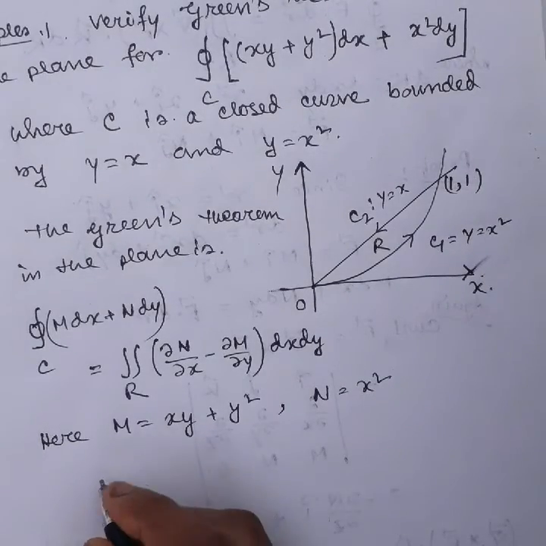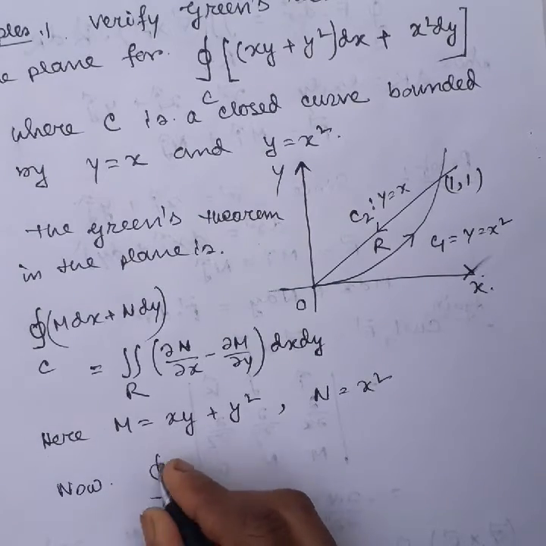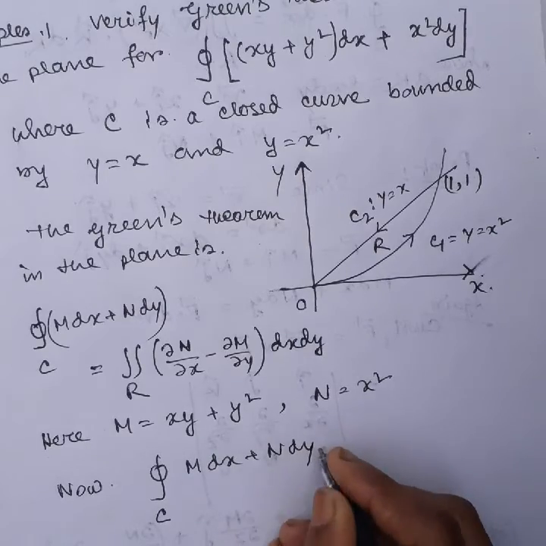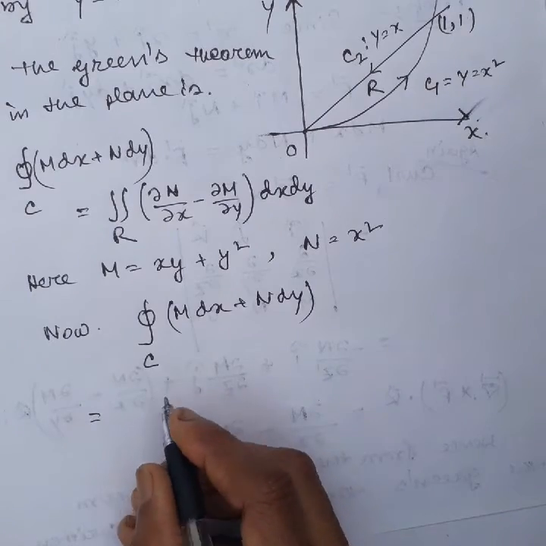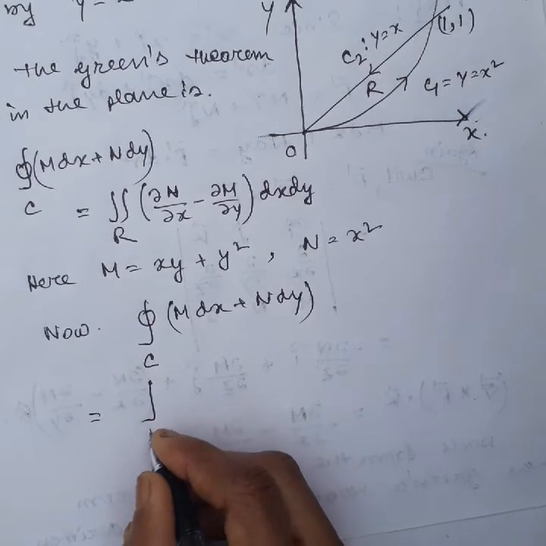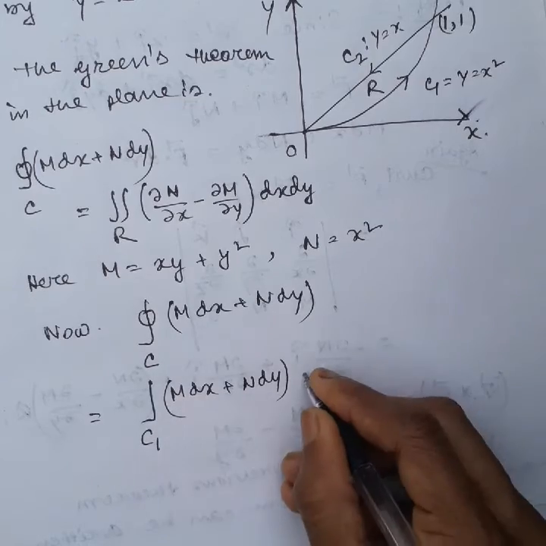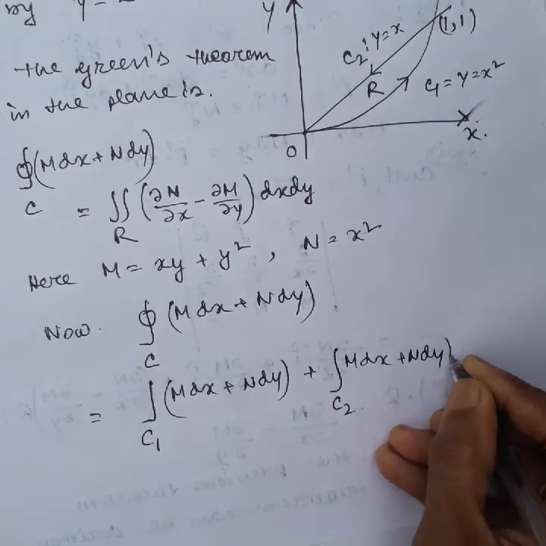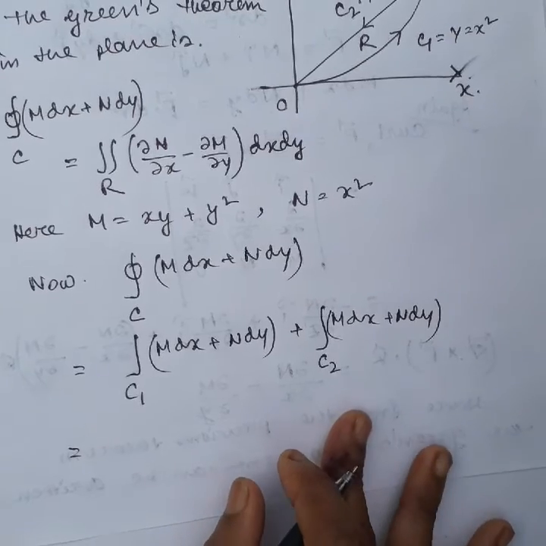Now the integration along C of m dx plus n dy for this value. Here there are two curves, so first we divide it: first along C1, m dx plus n dy, and along C2, m dx plus n dy.